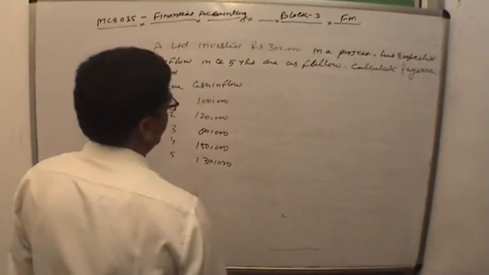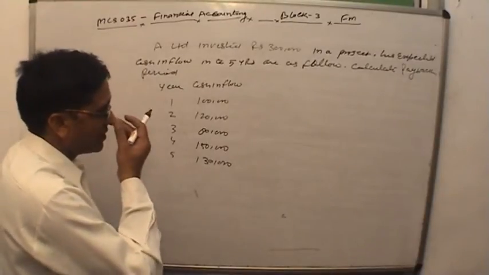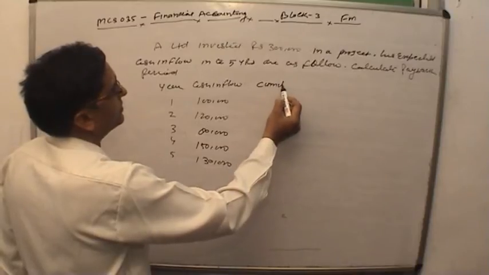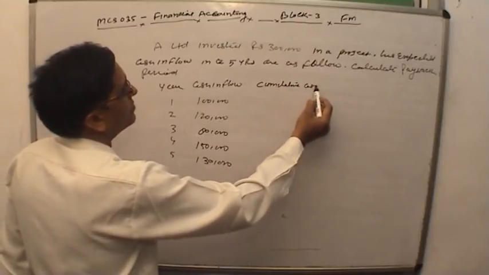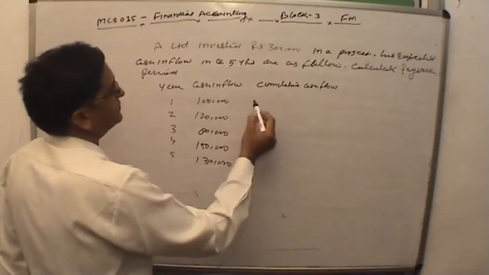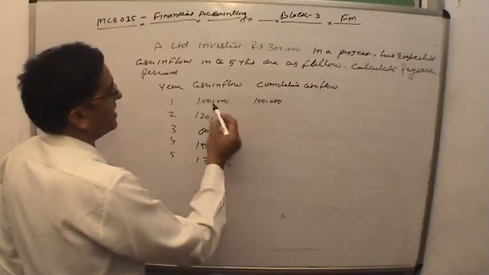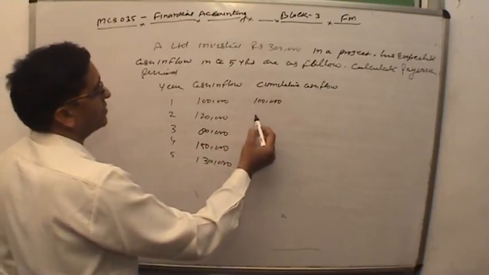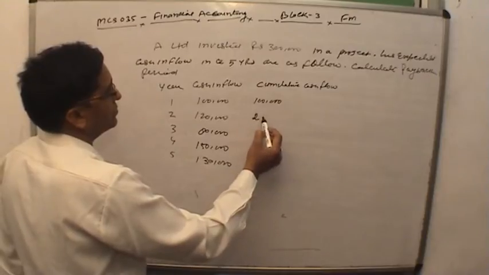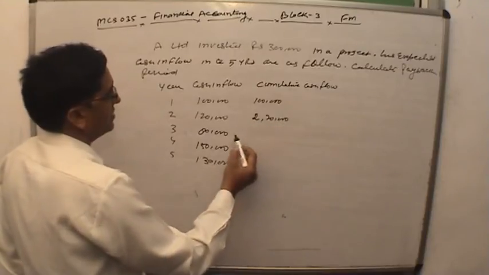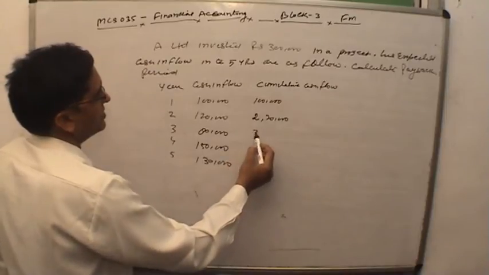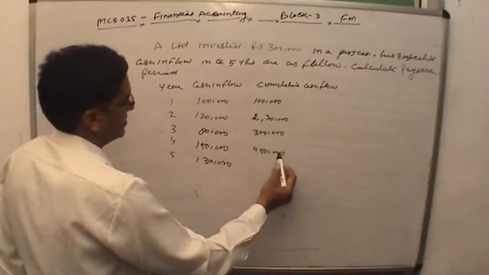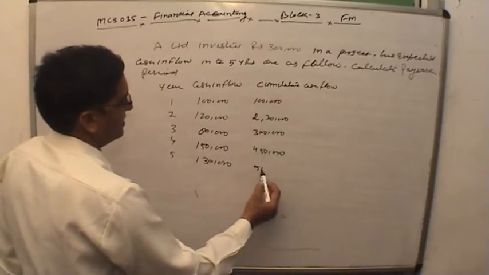Now for calculating payback period, we determine the cumulative cash flow. Rupees 1 lakh as it is, then add the next 1,20,000 which is 2,20,000, then add 80,000 which is 3 lakhs, then 4,50,000, then 5,80,000.